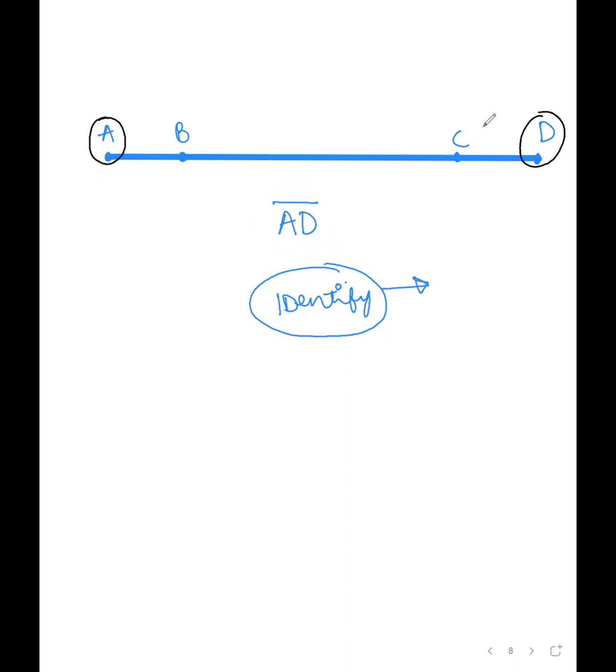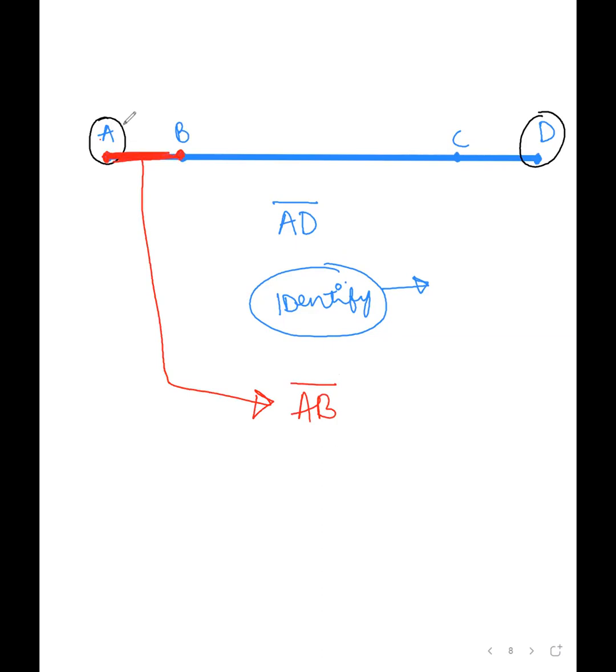If I say line segment AD, you know that I am talking about this entire line segment, which starts from A and goes all the way till D. If I say line segment AB, then your gaze will start from A and go till B, and only this much. Your line segment AB is only this much, whereas your line segment AD was the entire blue thing.